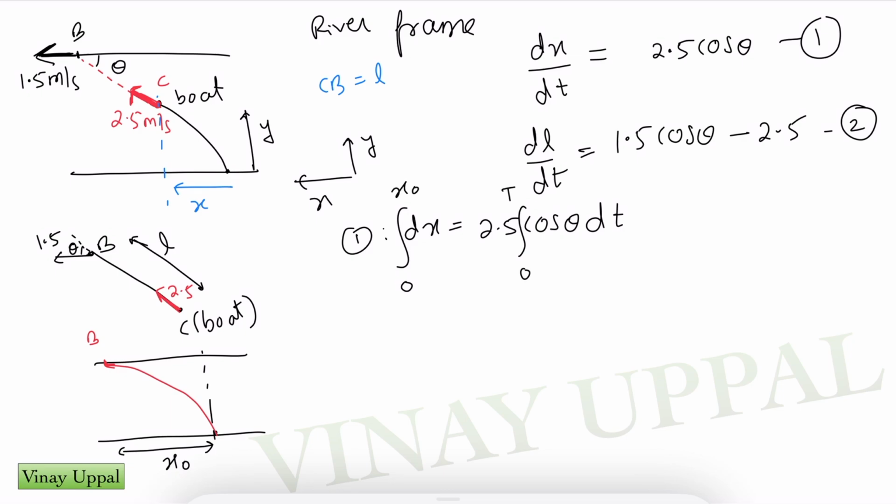Time from 0 to t, and so I'll have x naught is equal to 2.5 times the integral of cos theta dt.